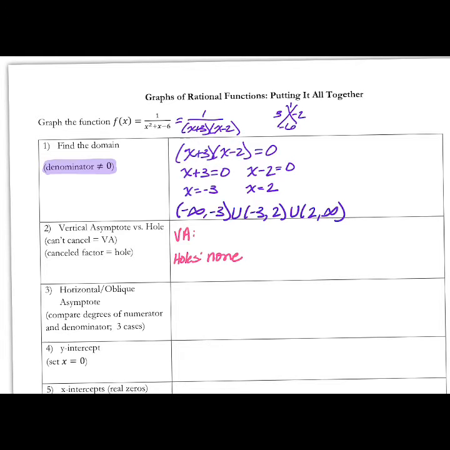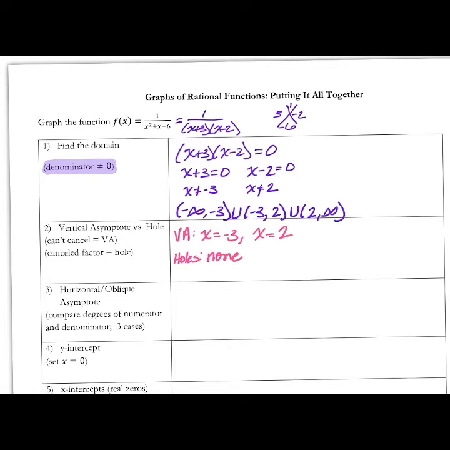So I do want to just remember on my domain, x cannot be -3 and it cannot be 2, because that's where it makes the denominator 0. So my vertical asymptotes would be at x equals -3 and x equals 2. Okay, so I have 2 vertical asymptotes. And remember, a vertical asymptote, a line can approach but not cross.